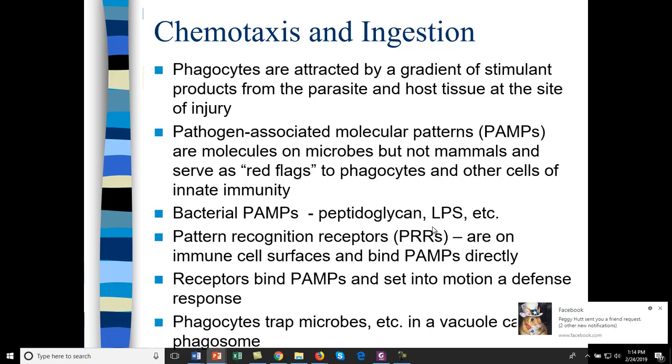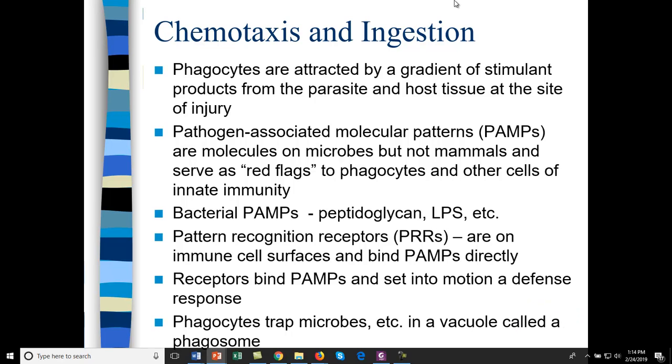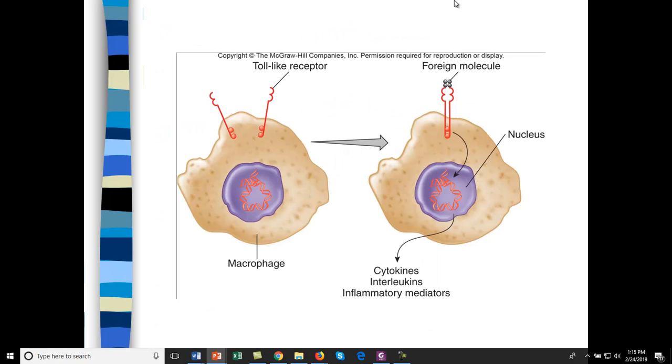Then phagocytes will engulf microbes. They engulf it in a vacuole called a phagosome, and the phagosome itself then will facilitate the digestion of the microbes.